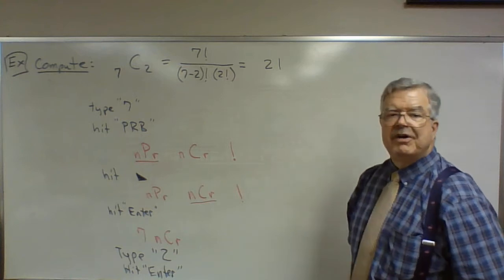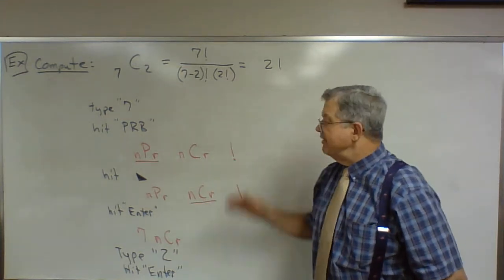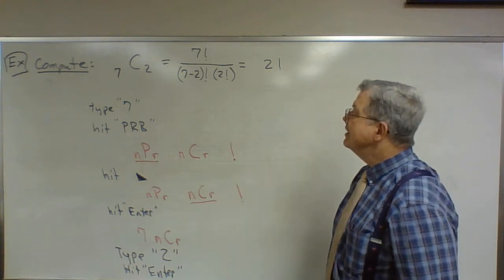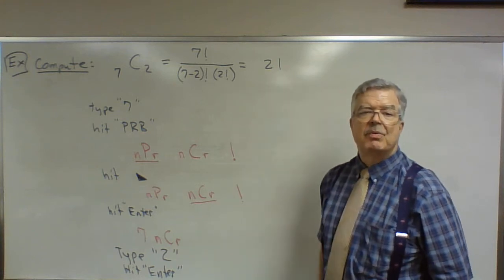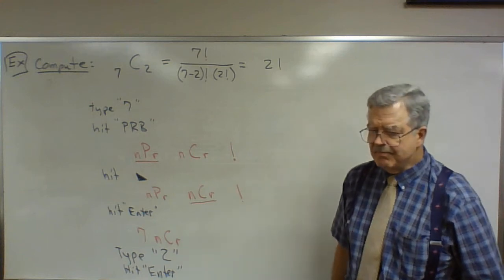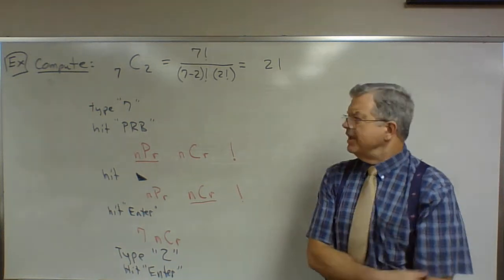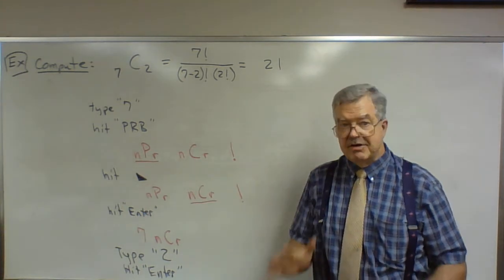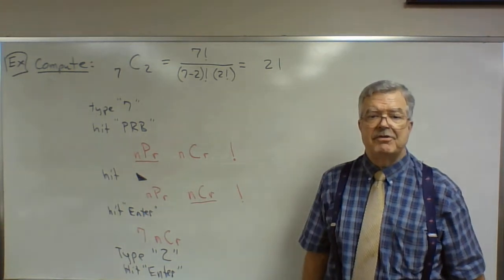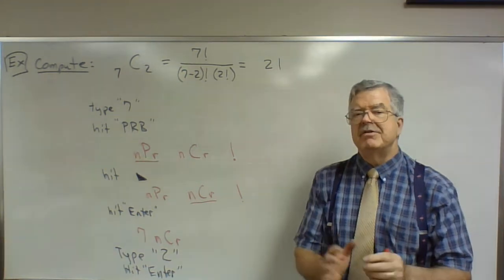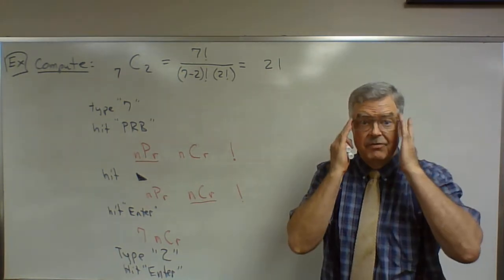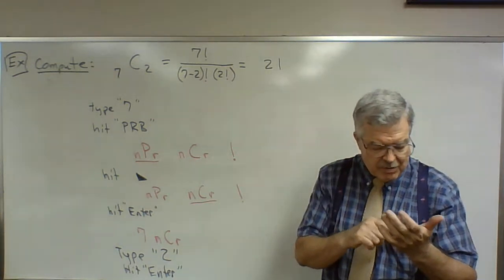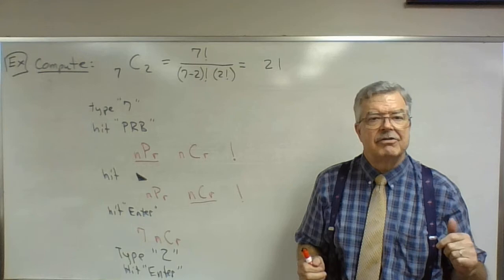So when we use our TI calculator for the final, this is how we'll do it. And we'll get 21. If you have your calculator, you may want to try doing that right now, just to get comfortable with it. We don't want to wait until the night before the final exam before we take out our calculator and say, oh my God, how do I compute combinations and permutations?